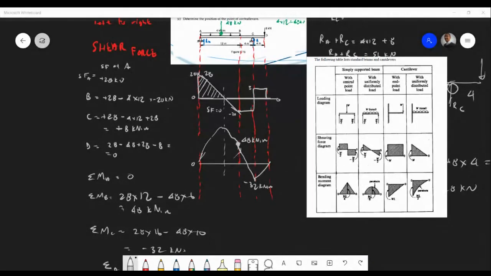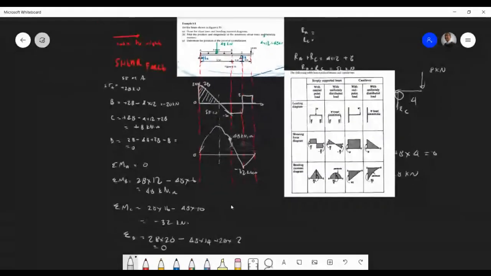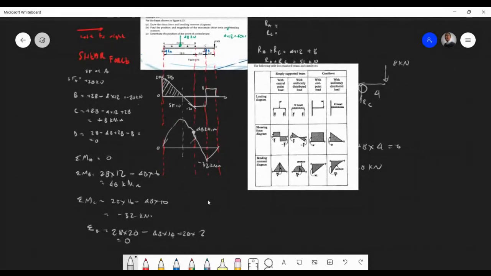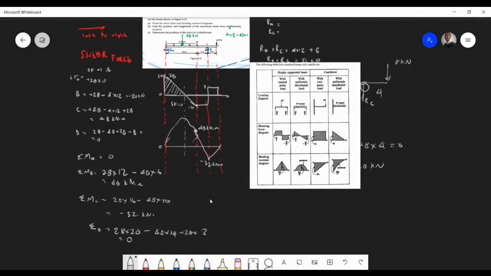Do you guys understand? The distance where the shear force is 0 will yield the maximum bending moment. Okay. So what we do now, we need to locate that particular distance.